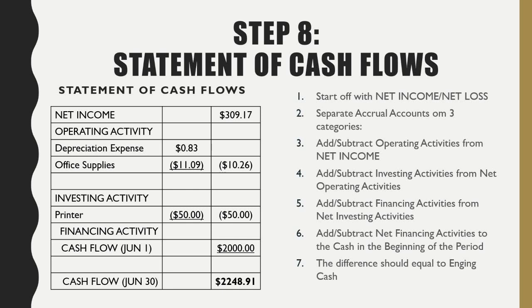So that is how you verify and make sure that the statement of cash flows actually pans out and works, okay? Your beginning balance matches as well as your ending balance matches. And that's the statement of cash flows.